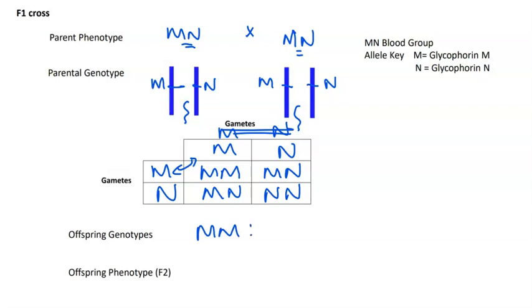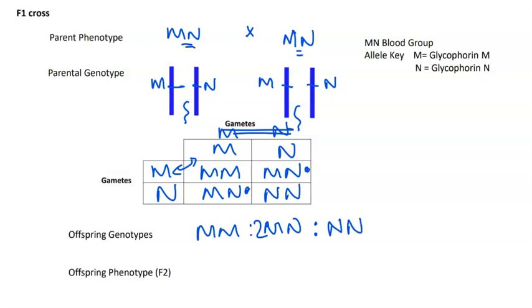Then there would be 2 of MN, as you can see, this one here and this one here. And then finally, 1/4 of the offspring probability is that they are NN, like so.